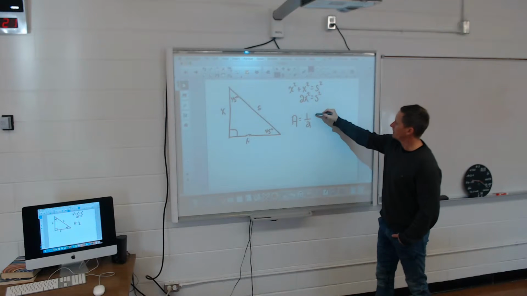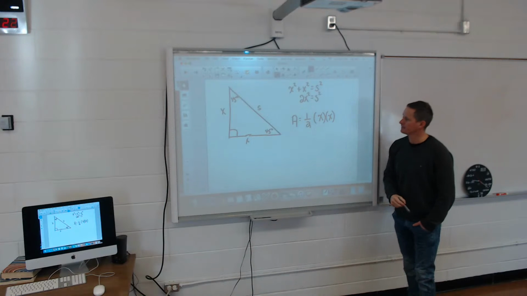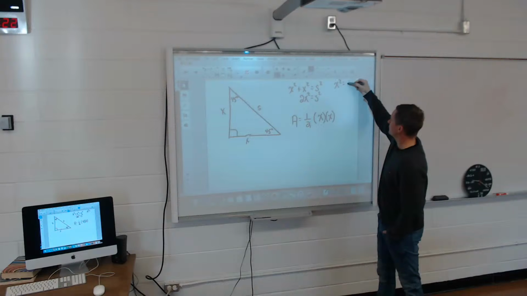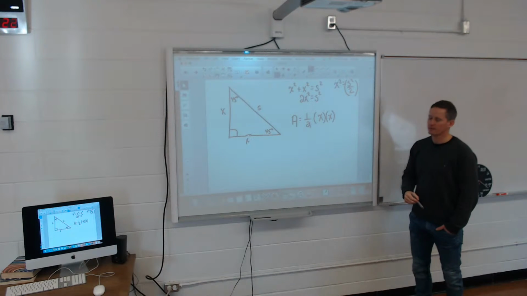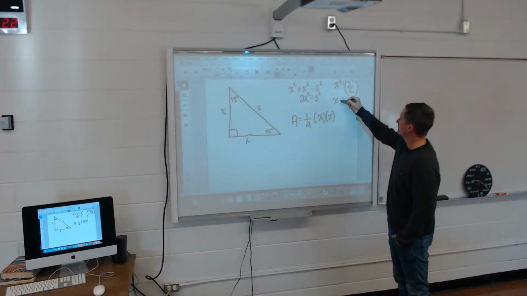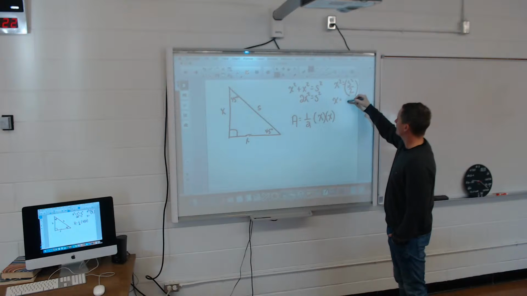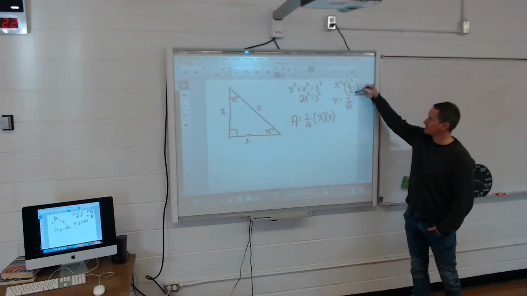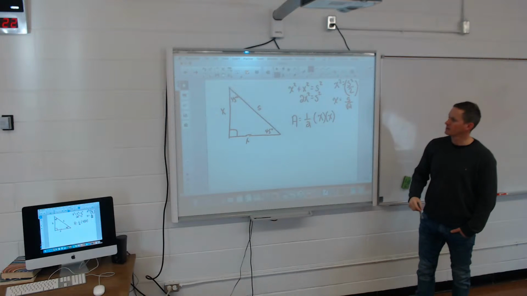All right, this is 1/2 x times x, like that. Okay, now if I solve for x squared here, I'm going to get x squared is equal to s squared over 2. Therefore x would be equal to s over square root 2. So the square root of s squared is s. The square root of 2 is root 2, is what x is equal to.